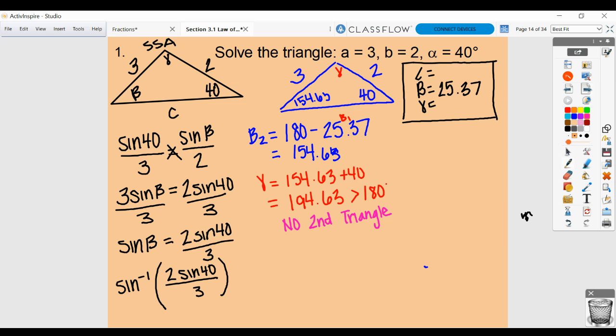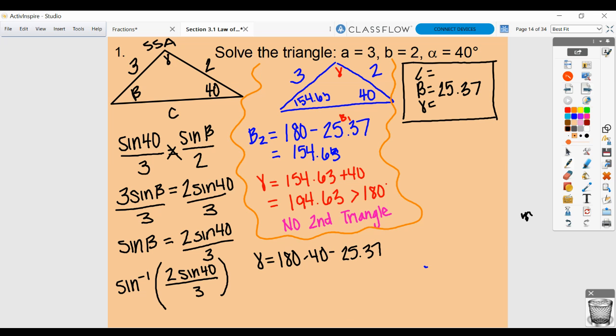And here, I'll actually do that so that doesn't confuse you. So back to gamma, you'd have 180 minus 40 minus 25.37. And you end up getting 114.63.